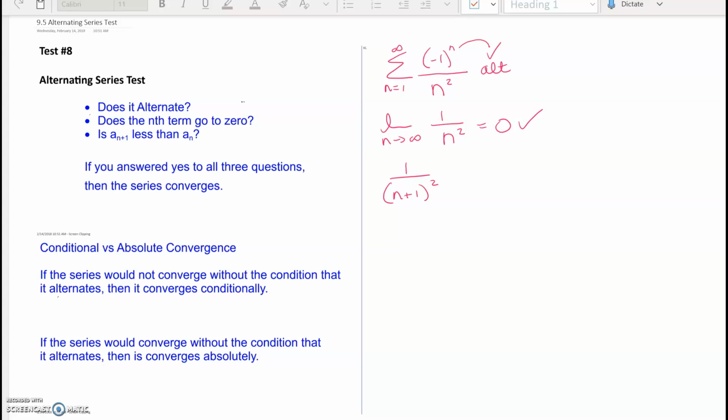That would be the n plus first term, putting n plus 1 in for n. Is that less than 1 over n squared? 99 times out of 100 you're going to be able to say yes, that when you make that bottom bigger, you make the whole thing smaller. And so if you answered yes to all three of these questions, then the series converges by the alternating series test.